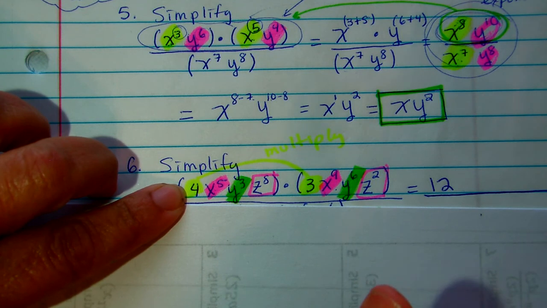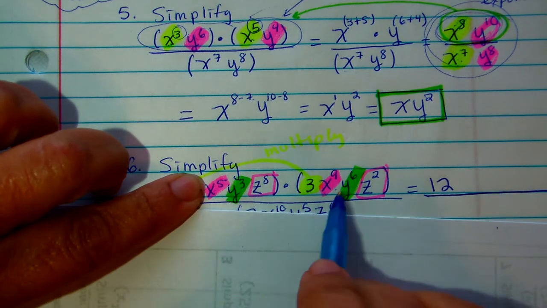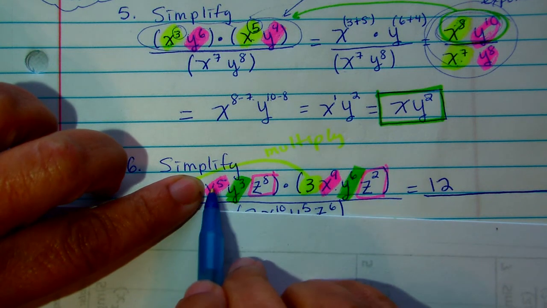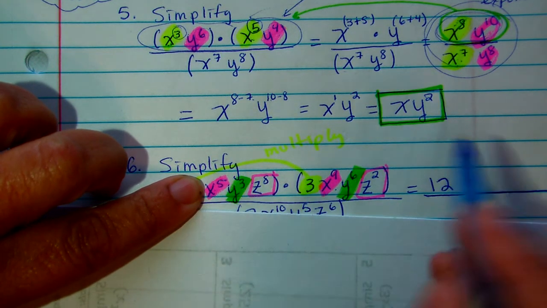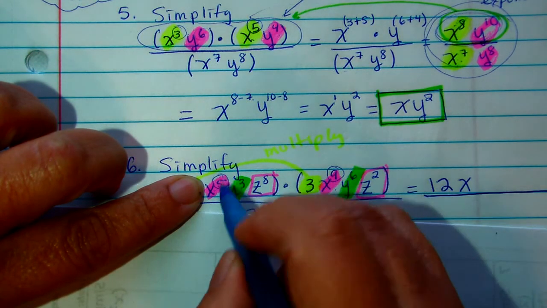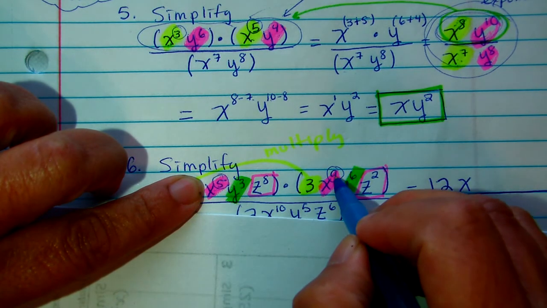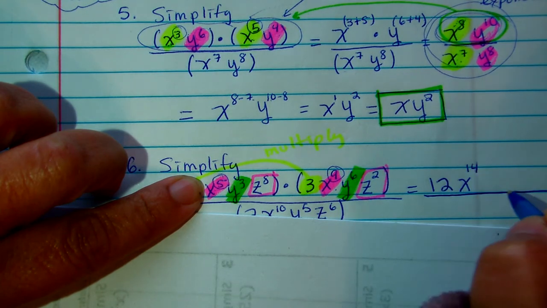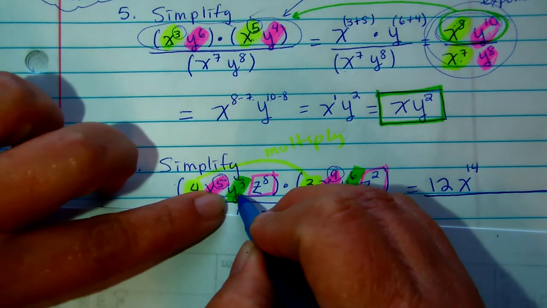It's just numbers, you just multiply them. But what if you have letters, the same letter? When you multiply them, you add the exponent. So it's going to be x to the 5 times x to the 9. So what do we do with the exponents? We add them. 5 plus 9 is going to give us 14.